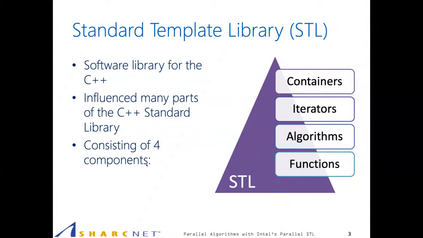It consists of four components. There are containers where you put your data in different data structures. Then you use iterators to pass this data to algorithms, and these algorithms read or change the data. There are also functions you can use with these algorithms, especially those accepting lambdas, functors, and functions.